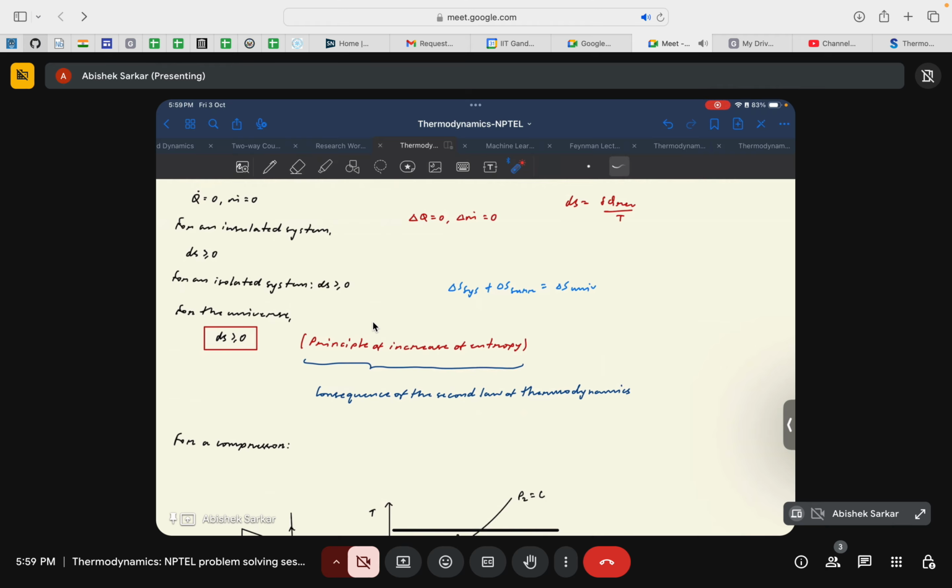Then we can apply the same analogy between an isolated system and the universe. If there is no interaction between anything beyond the universe and anything inside it, the only way entropy can be increased is through internal irreversibilities.